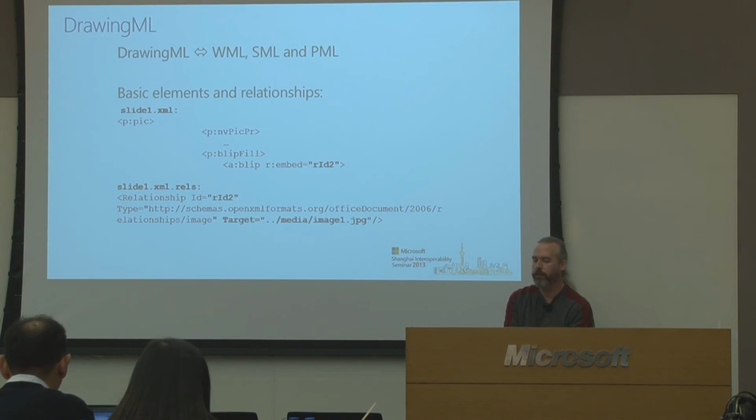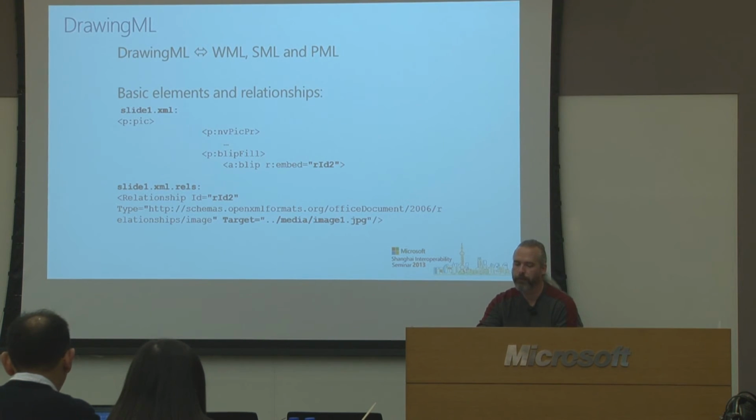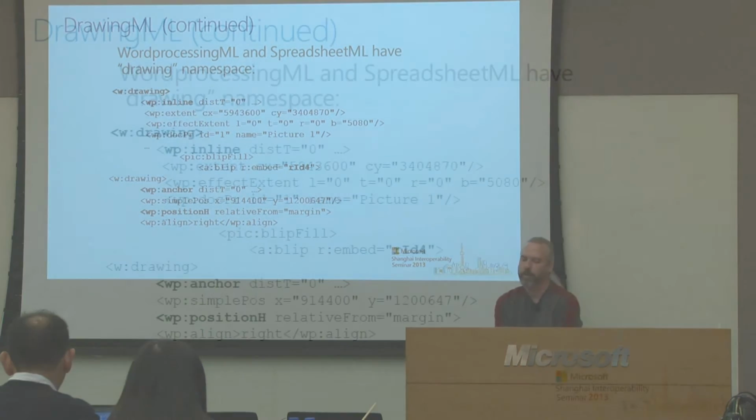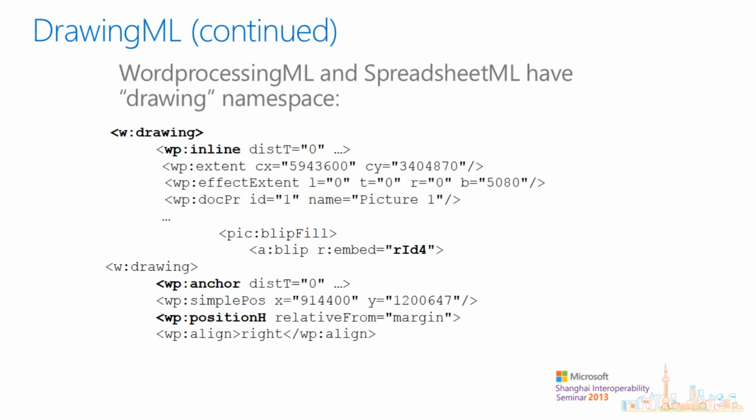They then use this relationship ID mechanism, which we saw in SpreadsheetML. The same thing applies in slides, in presentations. One thing that you'll find also is that WordprocessingML and SpreadsheetML also have ways to specify things like where the drawing item is located, how it fits into their own items.